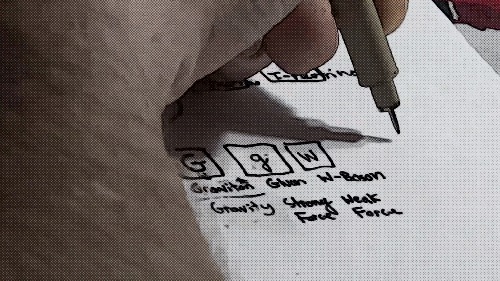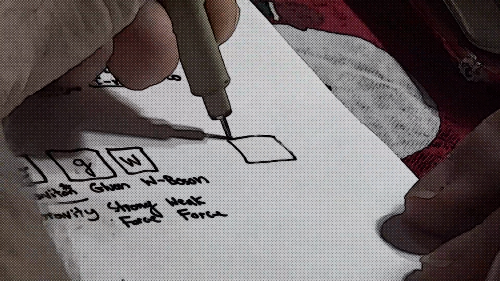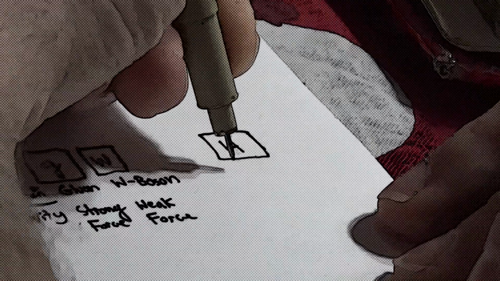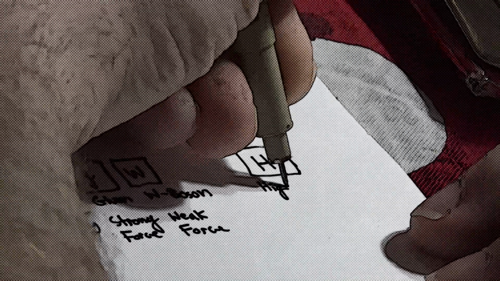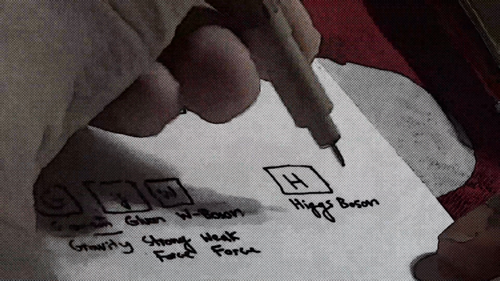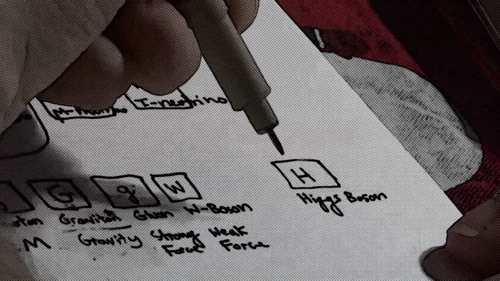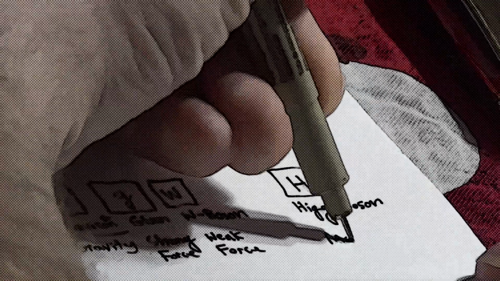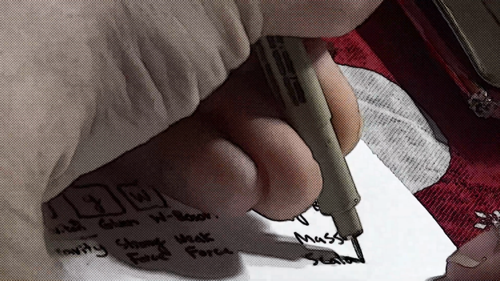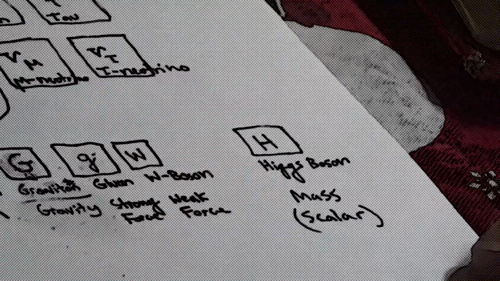Now, there's one more particle that I'm going to put over here. This is the particle of mass, and it's called the Higgs boson. For a long time, there was no evidence of the Higgs boson, the particle of mass, which is called a scalar.